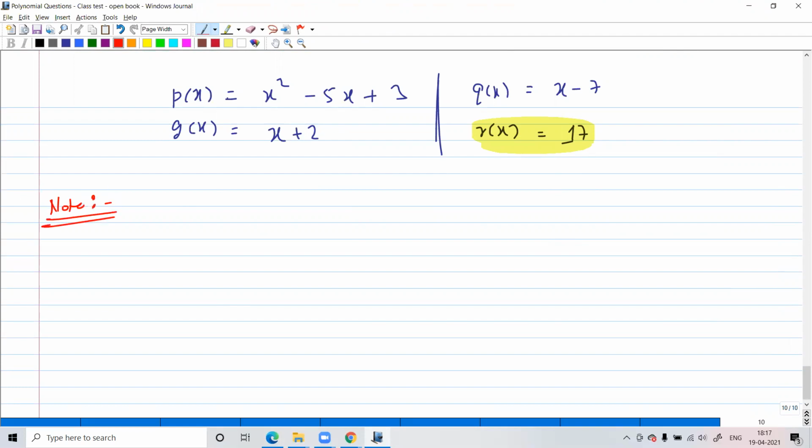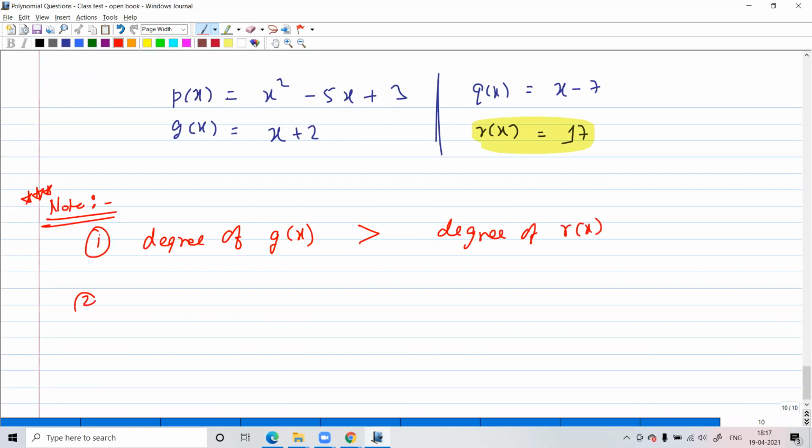The degree of the divisor g(x) is always greater than the degree of the remainder.